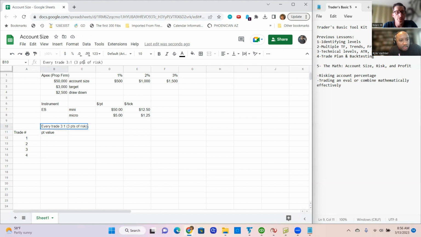Actually, I'm going to make this ticks. So 3 points is 12 ticks of risk, right? So if there's a loss, there's a loss, there's a loss, there's a win, where's that going to put you? You risked 12 ticks, so you're negative 12 here, and you're plus 36 here.